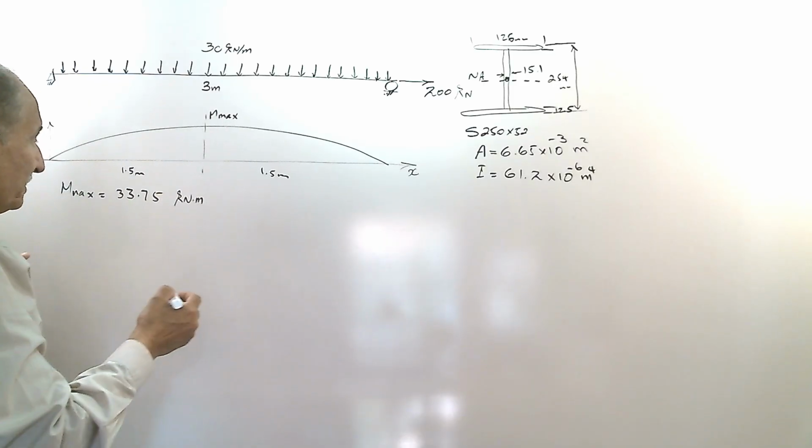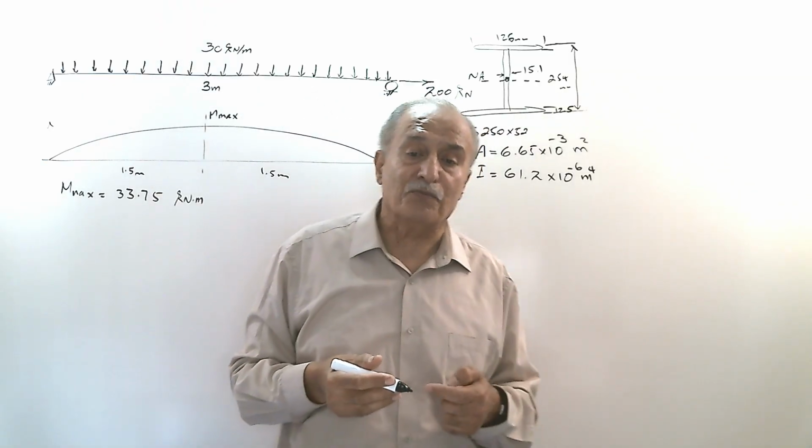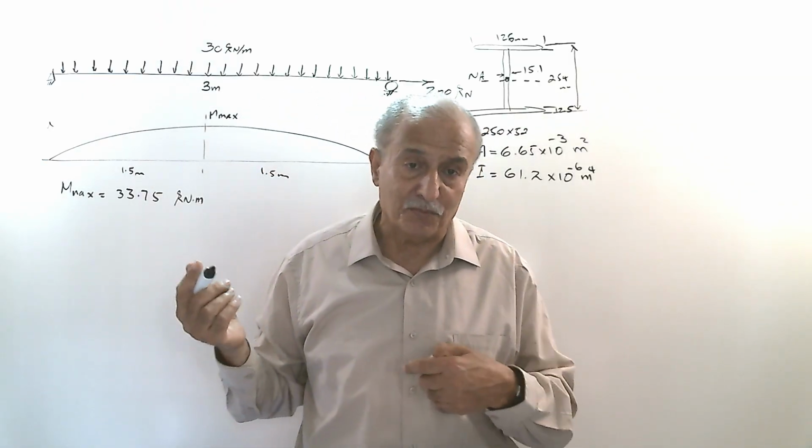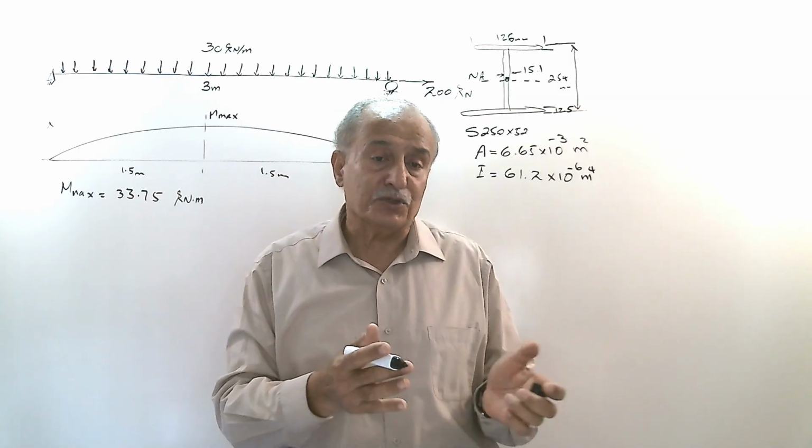How to calculate it? You have to draw a free body diagram and write the equations of bending moment that you learned already before, and then you can reach this value.